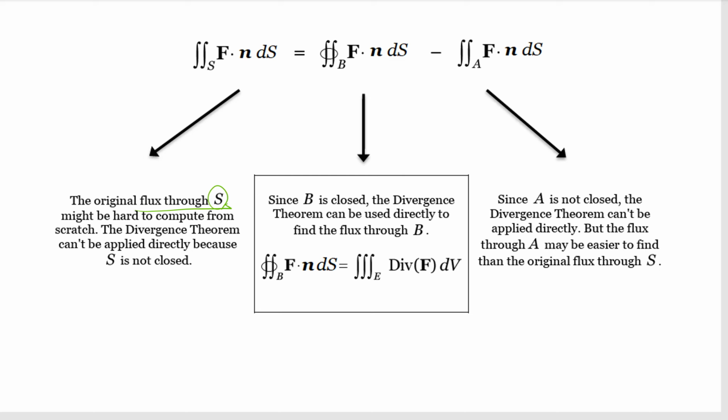The divergence theorem cannot be applied directly here because it is not closed. But after we add a disk or a flat patch there, now this surface B is closed, and the divergence theorem can be used directly to find the flux. So we can calculate a triple integral on the solid that is bounded by this surface B.